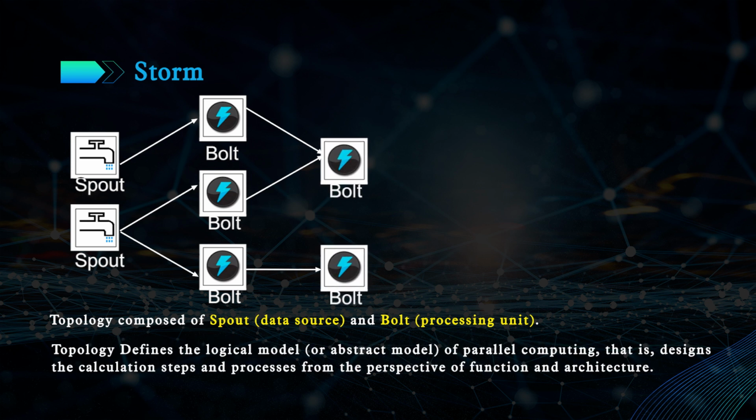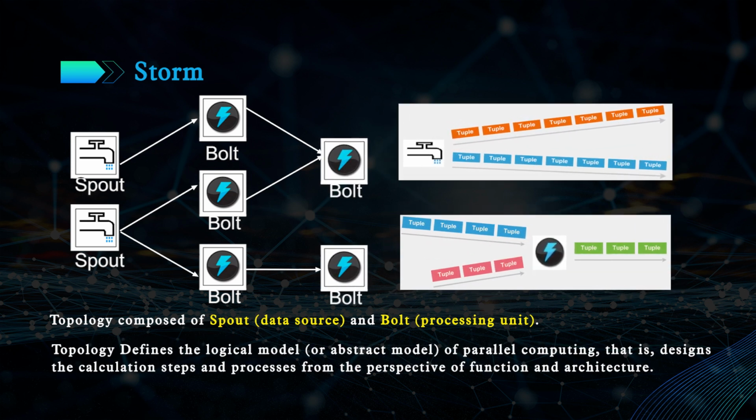Topology defines the logical model or abstract model of parallel computing, that is, designs of the calculation steps and processes from the perspective of function and architecture. The output of the spout is a series of tuple streams, and the input and output of bolt is also a series of tuple streams.